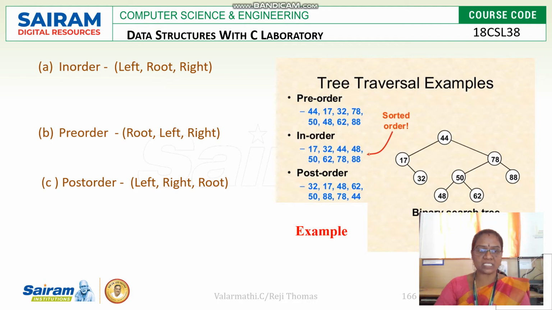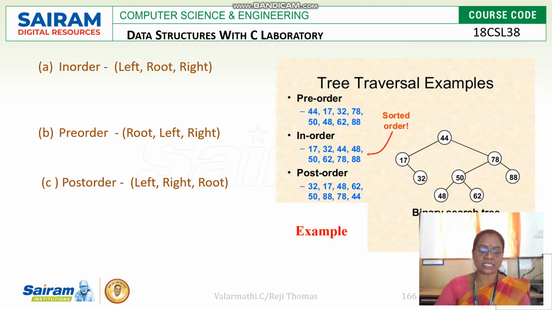So these are the three different forms of traversing the binary search tree, named in-order, pre-order and post-order. In algorithmic terms, in-order first traverses the left side, then the root is visited, then the right side. Based on the position of the root, these are named.